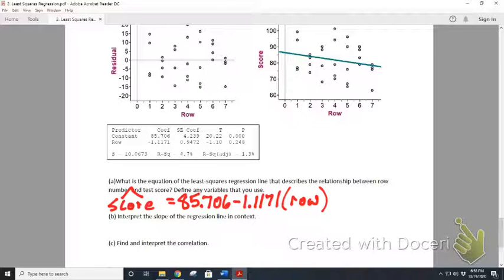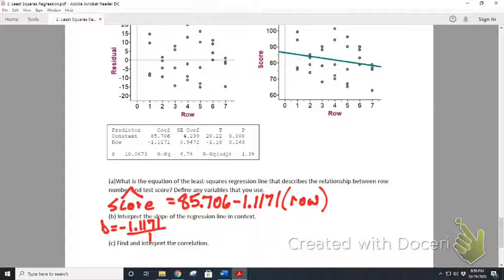On part B, they want us to interpret the slope. And slope in this case is negative 1.1171. When I do this, I'm thinking rise over run. I don't have a fraction, so force it to be a fraction: put it over 1.